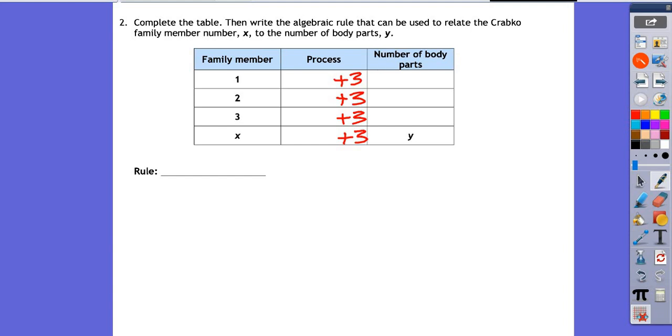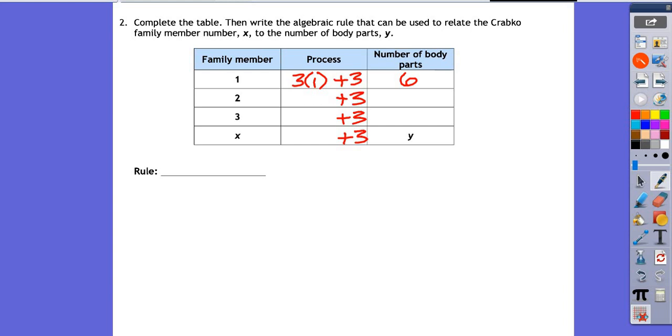Well, the first member here has 1 set of what? Of 3. So how many body parts did the first member have? 6 body parts.